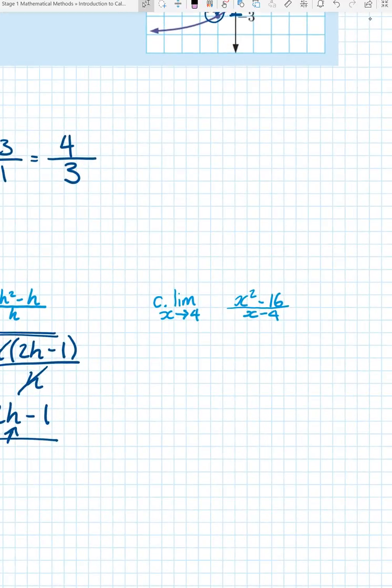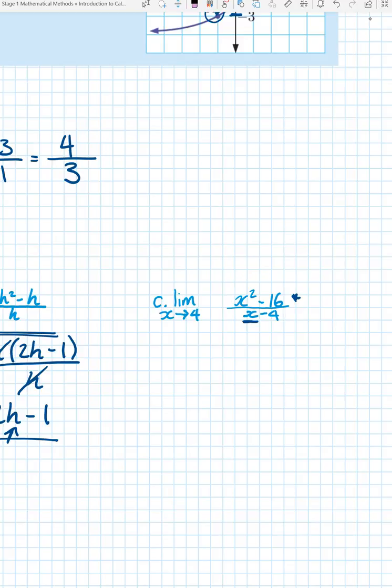Now let's have a look at this one. Now obviously if we put the value of 4 in where the x is here, we're going to end up with a 0 on the bottom line. And we want to avoid that if possible. So we're going to try and factorize the top line in order to cancel out the bottom line.